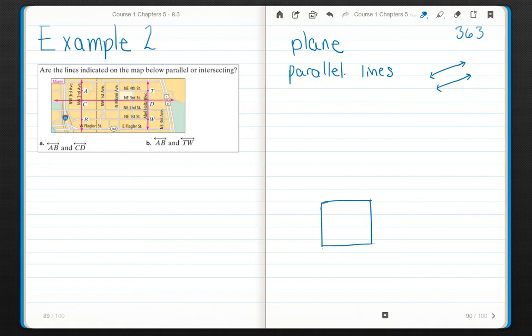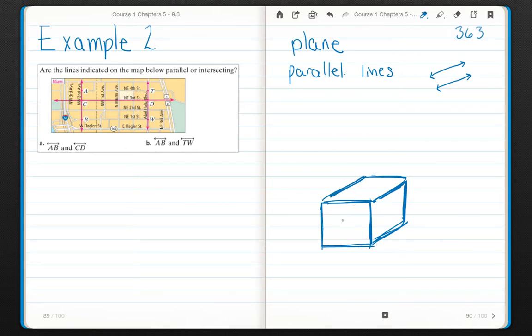So these two lines here are parallel. This line and this line are parallel. This line and this line are parallel. This and this are parallel. These two are parallel. Okay? They're two lines that never cross.